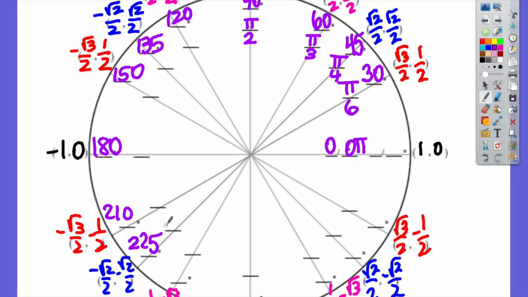And 60 plus 180? 240. 180 and 90? 270. 120 and 180? 300. Am I going too fast? 180 and 135. And 180 and 150. And a lot of students forget this last one. It is a complete circle. So what's the last degree? 360.